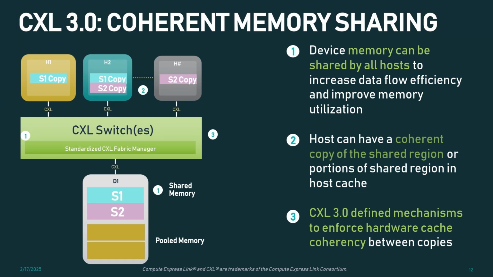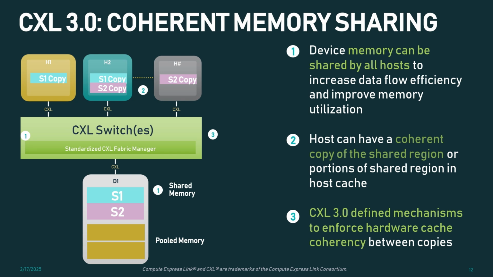The other benefit of CXL 3.0 was memory sharing. The difference between memory sharing and pooling is that in the sharing case, a memory page is shared by multiple hosts at the same time. As shown in the picture here, the device D1 has, let's say, two pages, S1 and S2. Host 1 and host 2 are both operating on S1, and host 2 and this other host are also operating on S2.